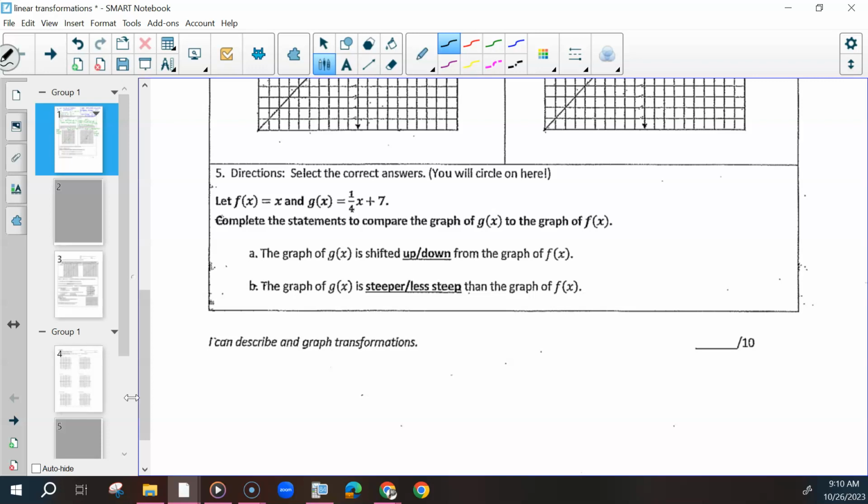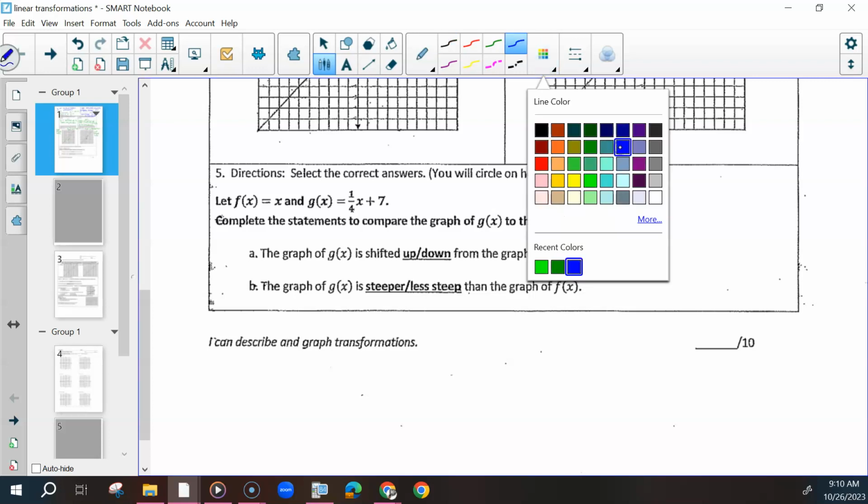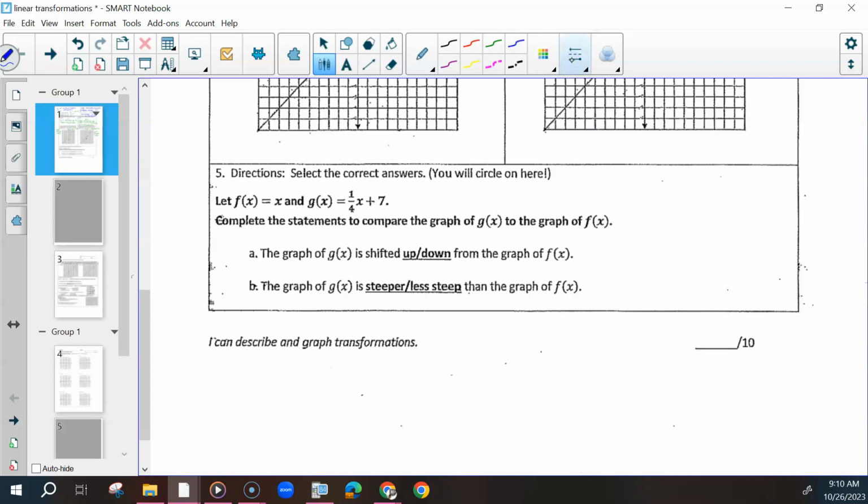Right. Now, with number 5, it's a little different because now they're giving you equations and you have to describe them. So you have to know a couple things. What is it asking us to describe? So here we have our original, and here is our new equation. If this is talking about shifted up or down, which one is that talking about? Y-intercept or slope?